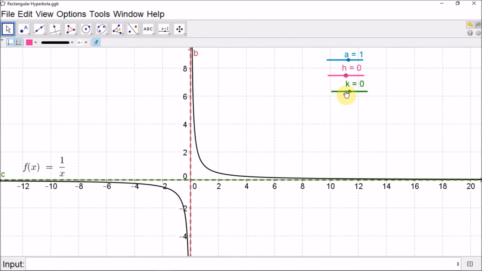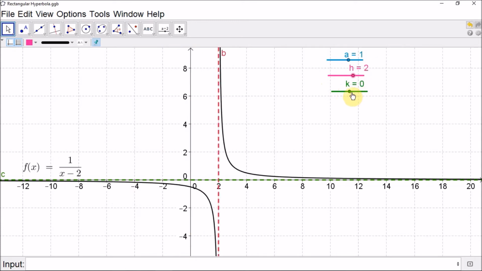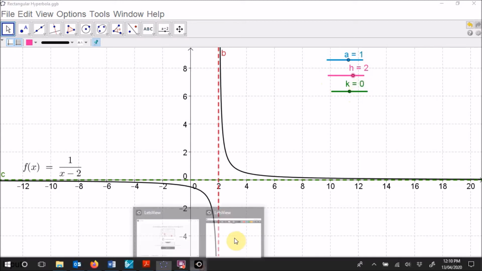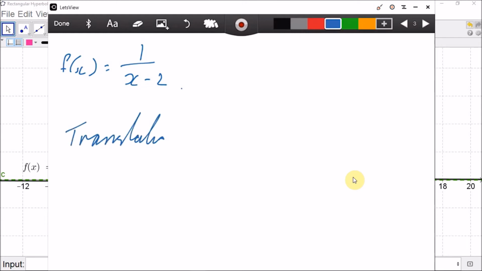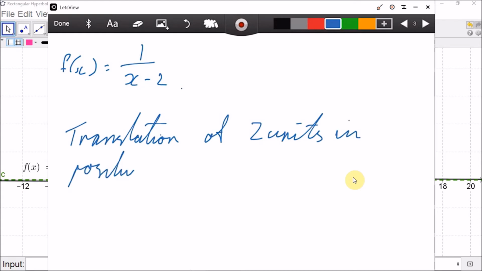So the one we did before, f(x) equals 1 on x minus 2, has a translation of 2 units in the positive x direction.